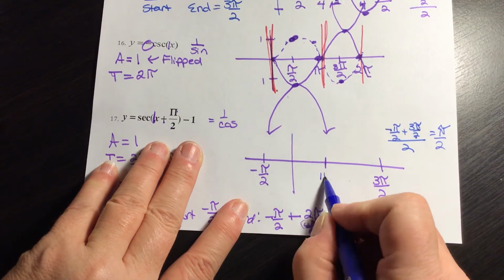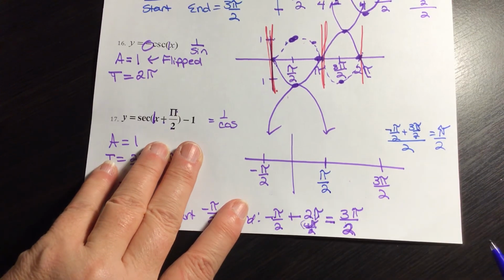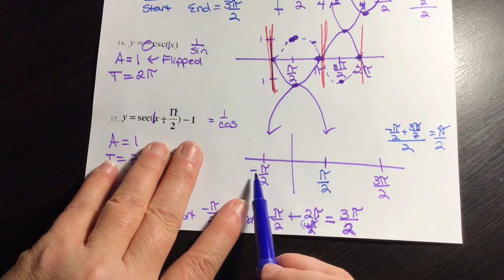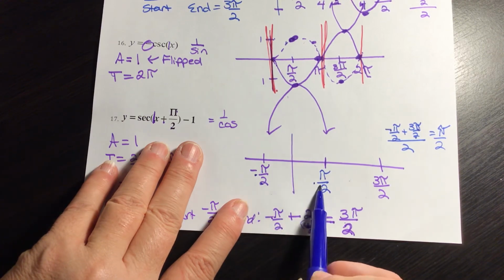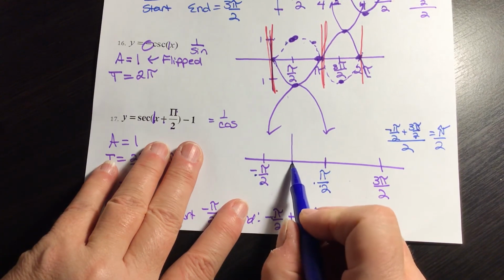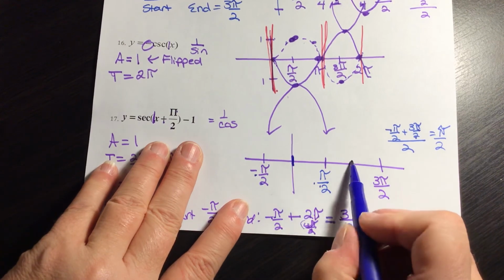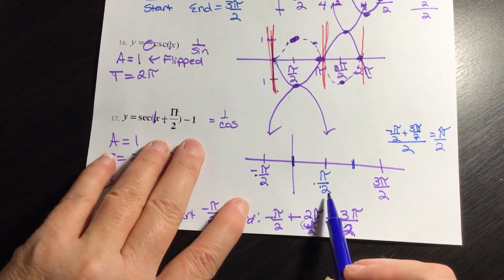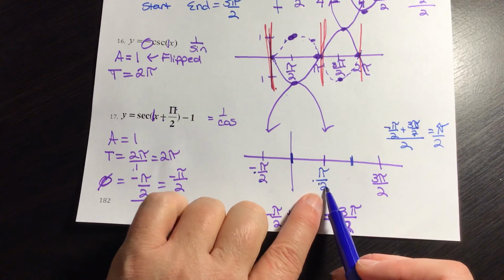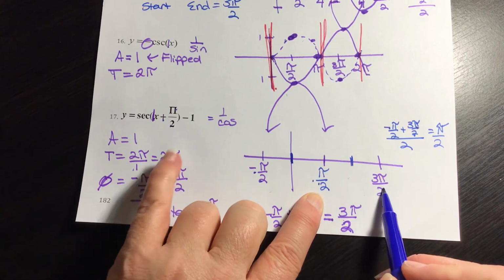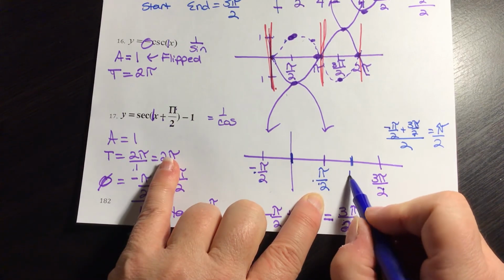So this is pi over 2. Halfway between pi over 2 and negative pi over 2 is just the origin. And then this point would be between pi over 2 and 3 pi over 2. This is going to be pi.